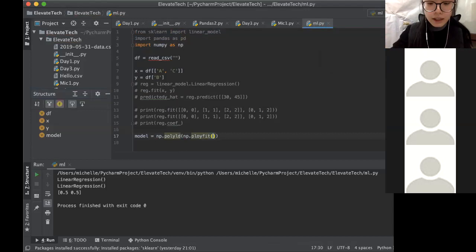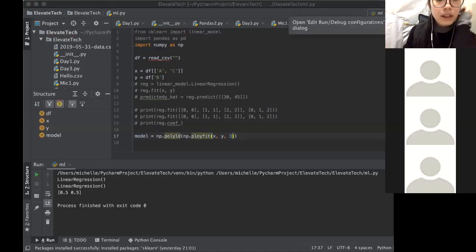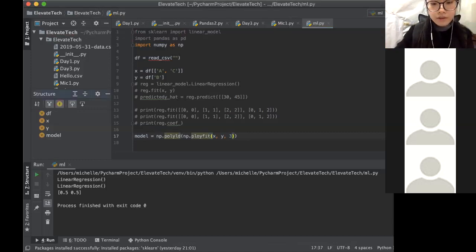You're going to put x and y, then you're going to specify the highest power of the x, so probably 3 or 4, for example 3, and then you can create a myline for that.